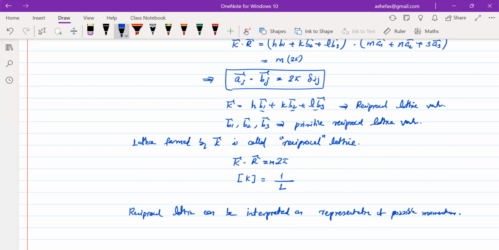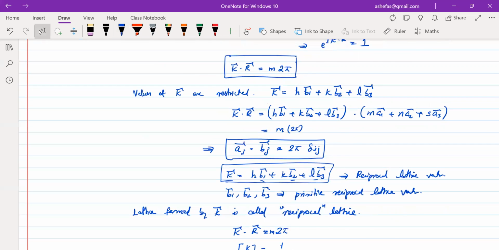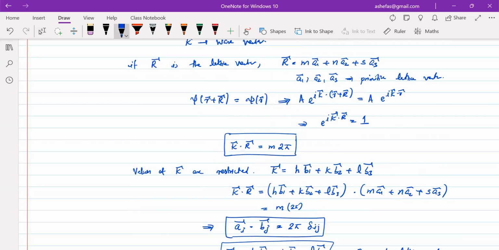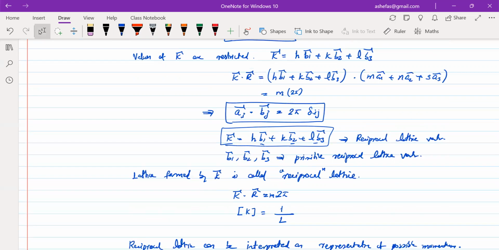The real lattice, the direct lattice, represents the possible positions, and the reciprocal lattice represents the possible momentum, because h cross k gives momentum, and k is discrete. k cannot take any values. It can take only the values h b1 plus k b2 plus l b3, like the vector R, which is m a1 plus n a2 plus s a3, where m, n, s and h, k, l are integers.